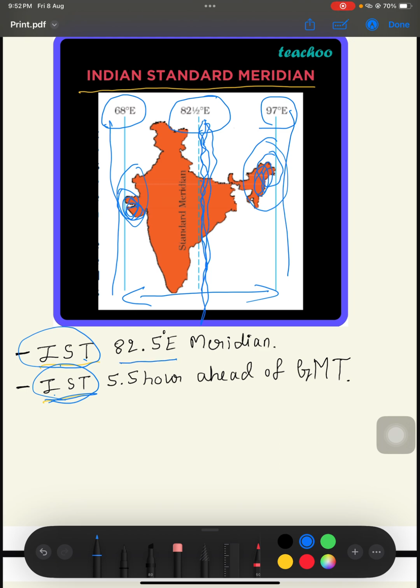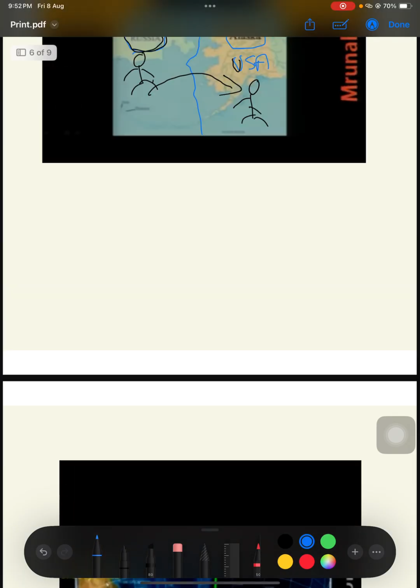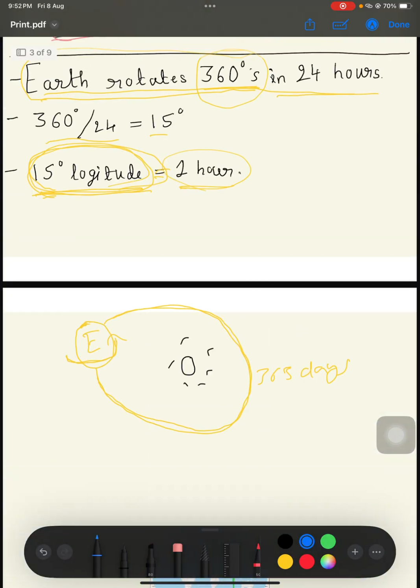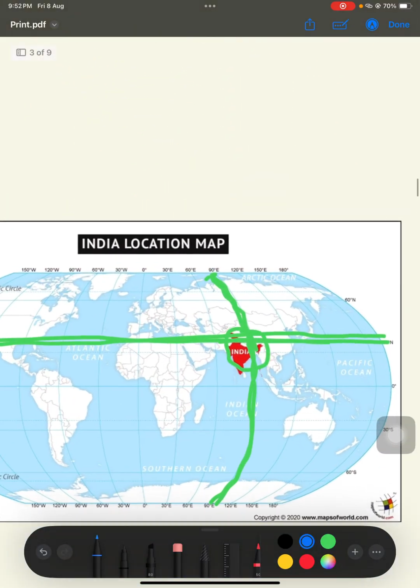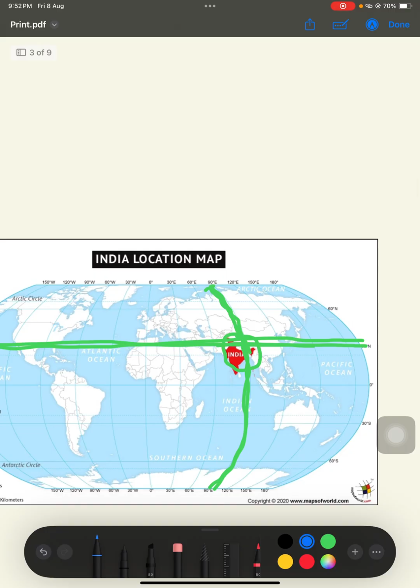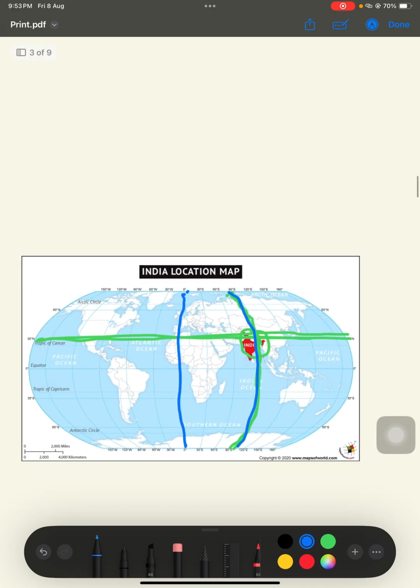And we are 5.5 hours ahead of the Greenwich meridian. What does this mean? We are 5.5 hours ahead of the Greenwich meridian. It means, see this picture again. 0 degree longitude starts from here, right? And India is located here. What I told, this is east, this is west.